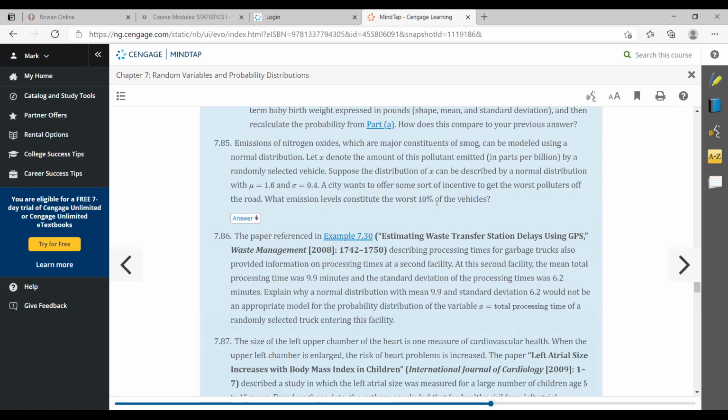Remember, upper. X is measuring the amount of the pollution. So if we want to look at the worst polluters, the worst 10% of the polluters, we would be looking at cars that emit more pollution or less pollution. So is this a lower tail test or an upper tail test?